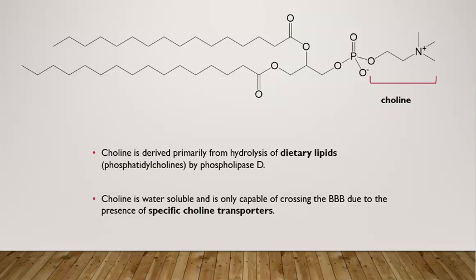They might need more choline than others, so they need to make sure they're eating enough of these foods. Deficiency could lead to memory loss, but we're not quite sure. It could also be playing a role in cognition and attention.